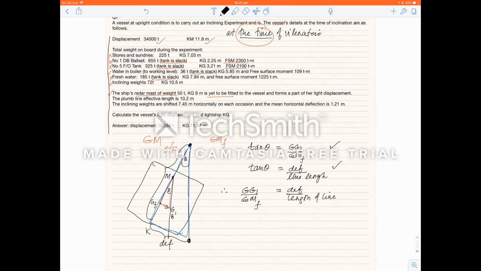So we cross multiply this, and we can say GG1 times line length equals deflection times GM fluid. Therefore, GM fluid at the time of inclination is equal to GG1 times length, shortening that word, length, divided by deflection.